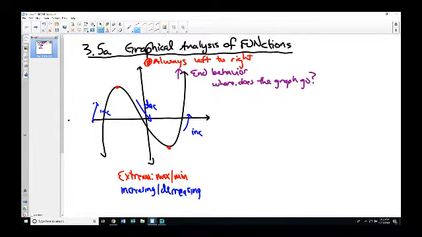Yeah, exactly. So the answer there would be infinity. And then down here, negative infinity, right? That's the crux of end behavior. We'll get more formal here in a minute on that. But end behavior is another way to analyze graphs. Pretty sure that's the bulk of pre-calculus graphical analysis.